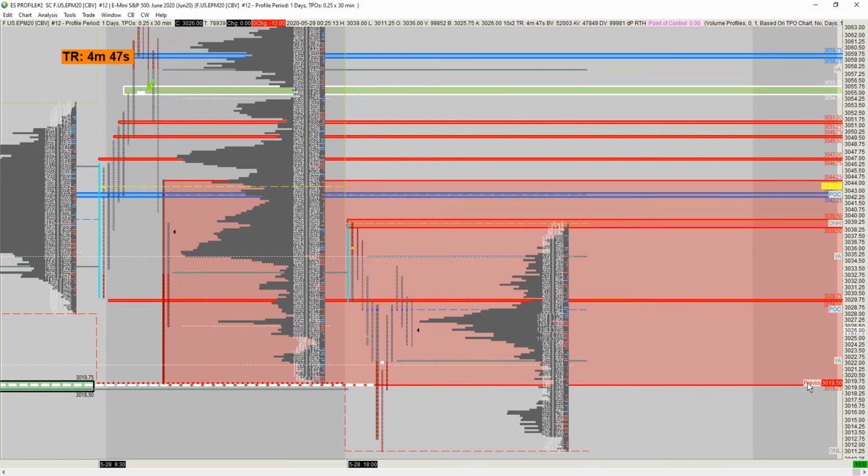So all the lows we had from 3019 to 3012, you see those lows rejected the low of the M period, but we never really got above the high of the M period. So we're basically trading in the range of the M period.